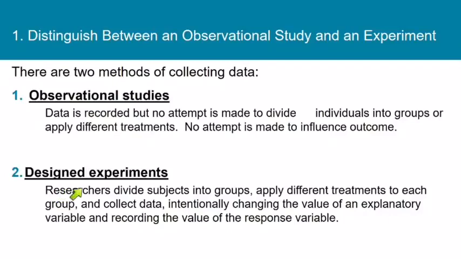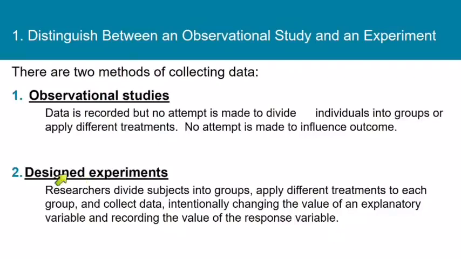Then in a designed experiment, researchers divide subjects into groups and apply different treatments to each group, and they collect data, intentionally changing the value of some explanatory variable and recording the value of the response variable.